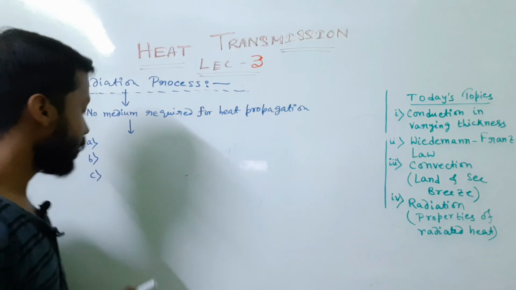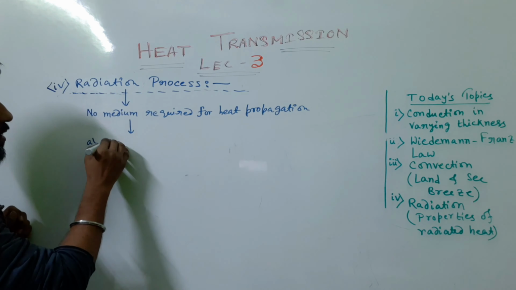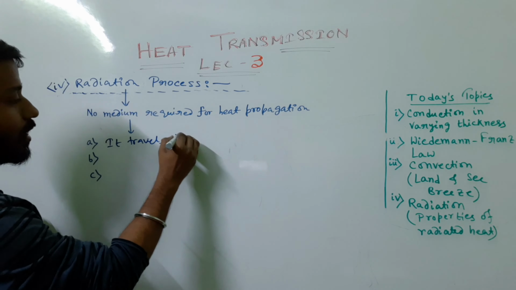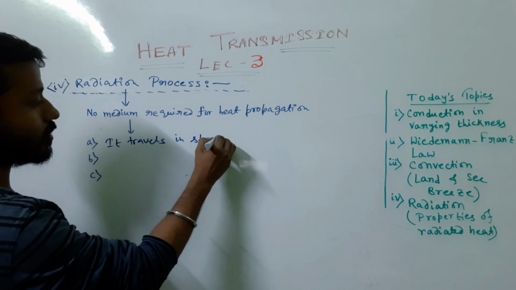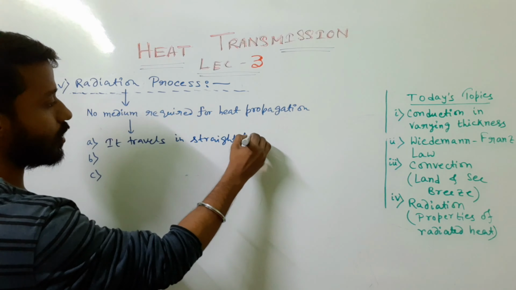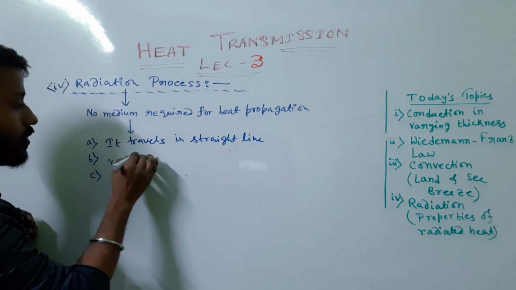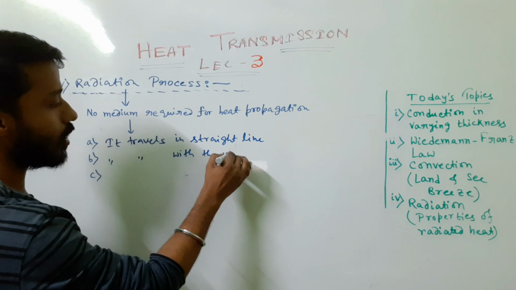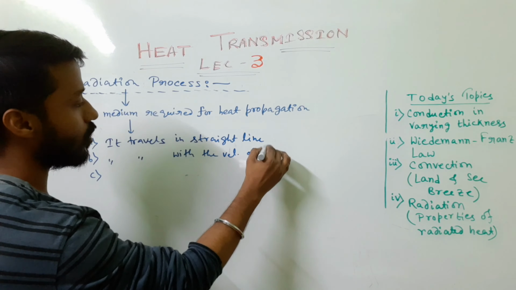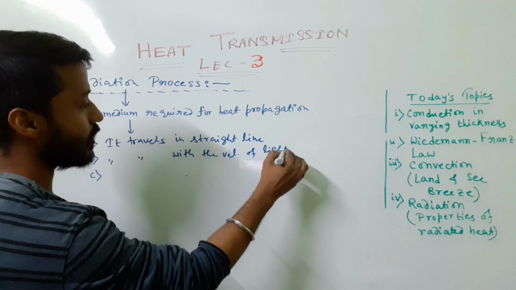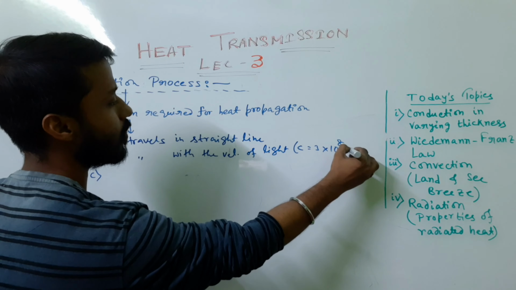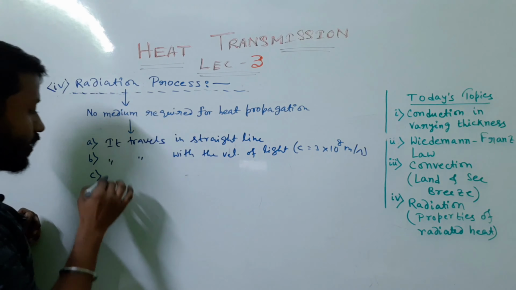Like number one, it travels in a straight line. It travels with the velocity of light, that is c equals 3 into 10 to the power 8 meter per second.